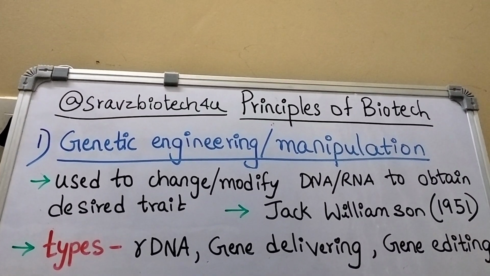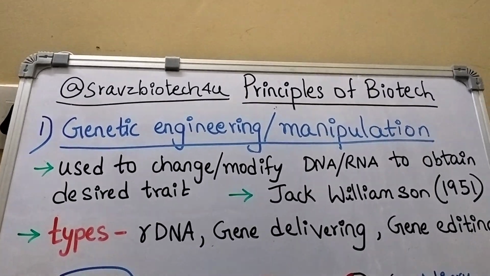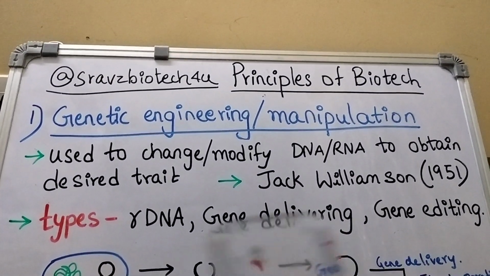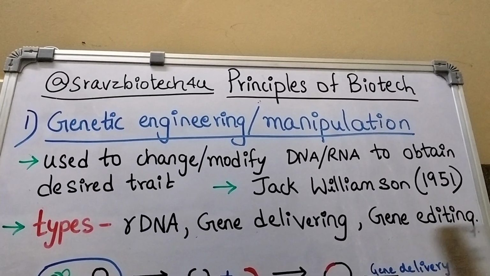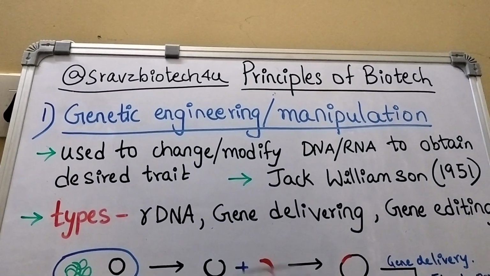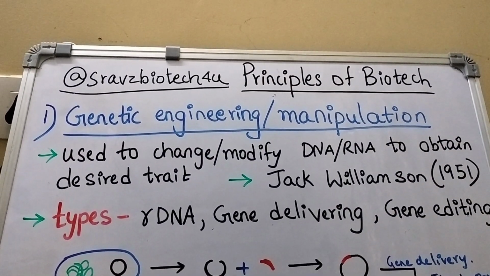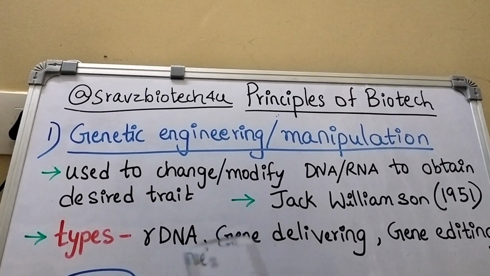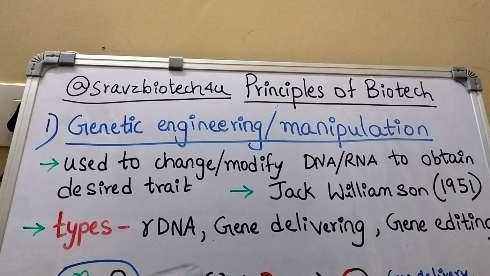The types of techniques under genetic engineering are rDNA technology, gene delivering techniques, and gene editing techniques. rDNA is nothing but the artificial DNA that is constructed by ligating two different DNAs using physical methods.